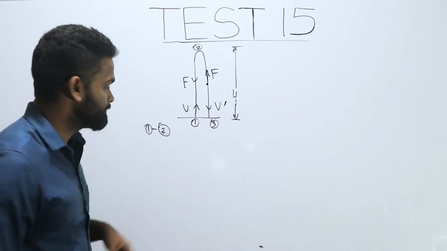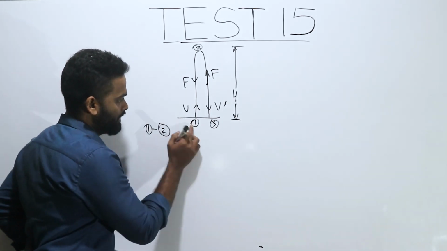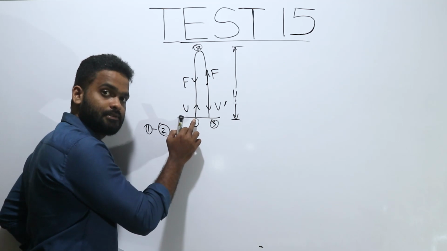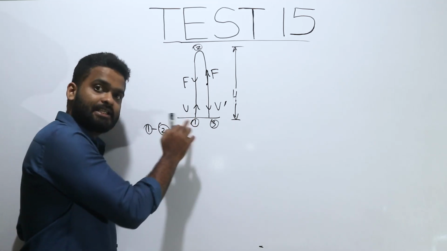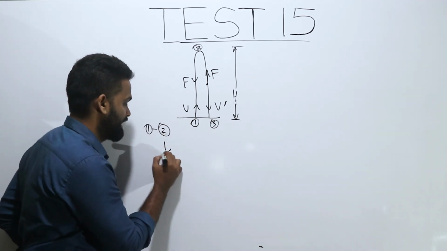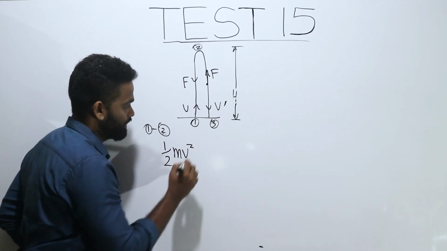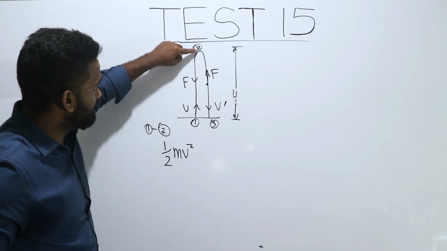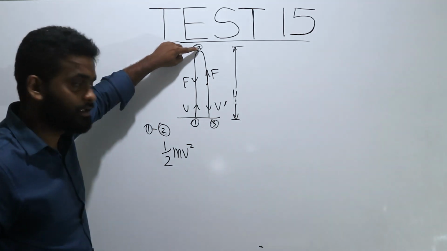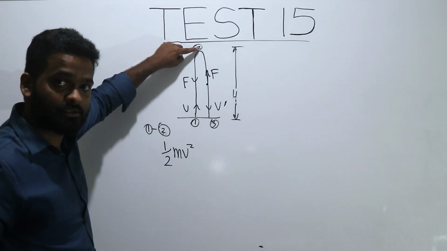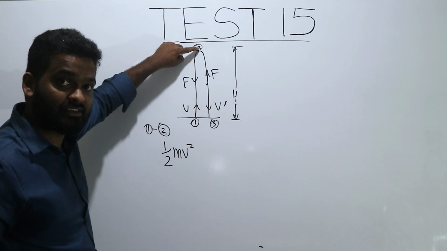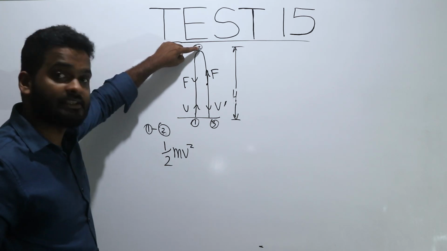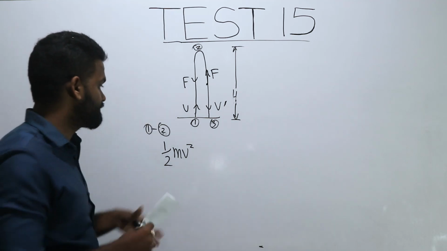First, at point 1, it is given a kinetic energy, which is half mv squared. Then at the top, it is instantaneously at rest, so it doesn't have kinetic energy at the top.